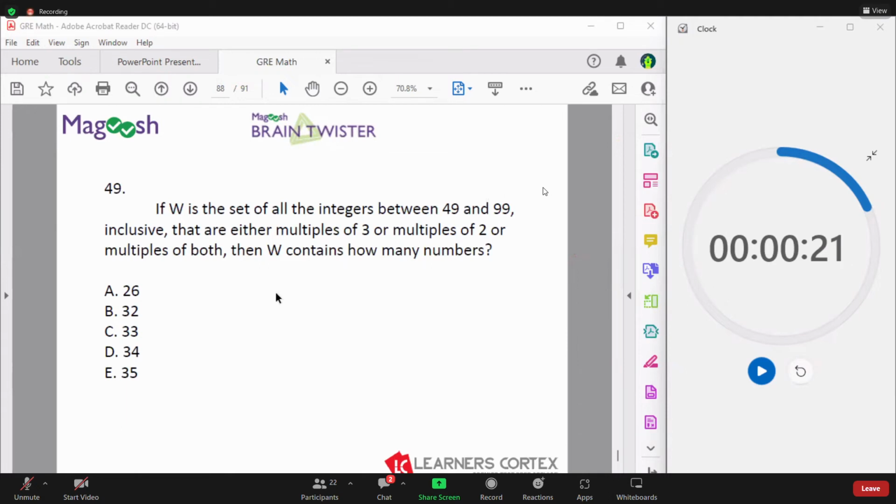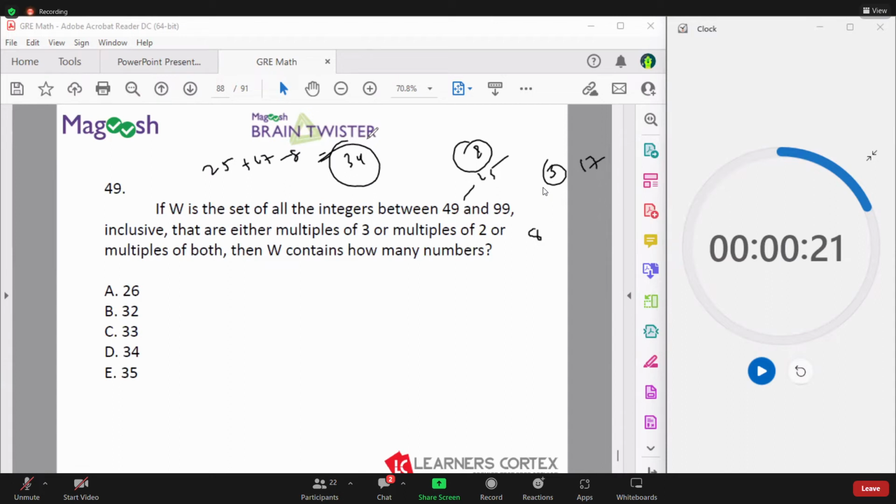Okay, so that is why this becomes 25 multiples for 2, for 3 it becomes I think 17 multiples if I'm not wrong, and then for 6 it becomes 8 multiples. So 25 plus 17 minus 8 gives us 34 multiples. But sir, why are we subtracting the multiples of both?